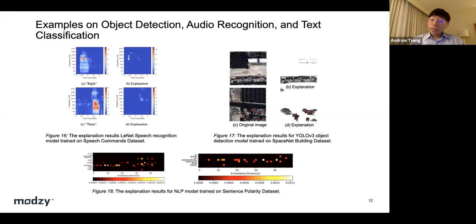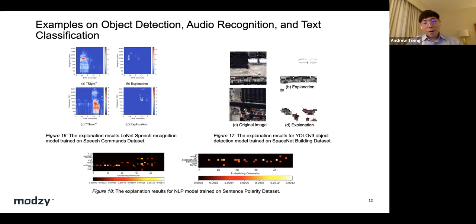The data sets come from the Speech Commands data set, which includes a lot of audio files with a human pronouncing short words like right, tree, go, stop, something like that. So the model has to eat spectrograms. So definitely the explanation results would be shown with spectrograms.